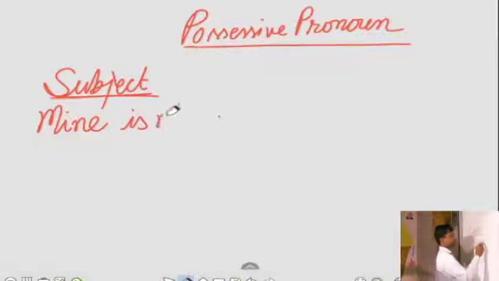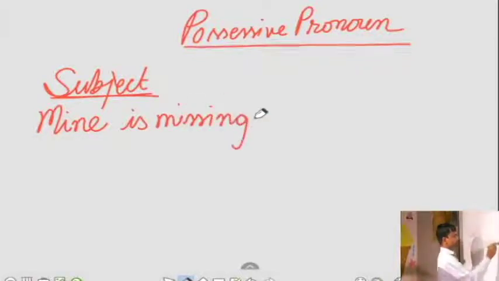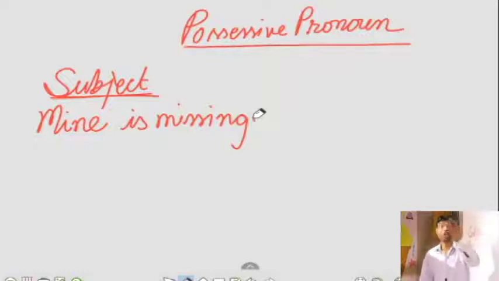Mine is missing. Where is your ID? Your ID, your, possessive adjective. Mine, not my ID. I said just simply, mine is missing. I don't know where it is. Mine is missing. Mine in the subject.